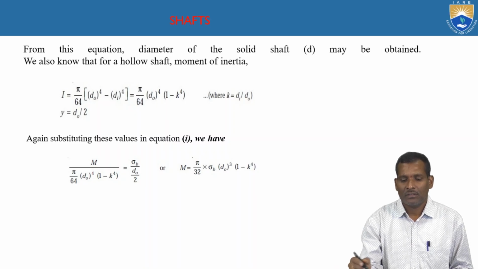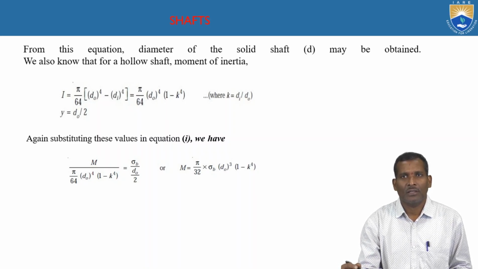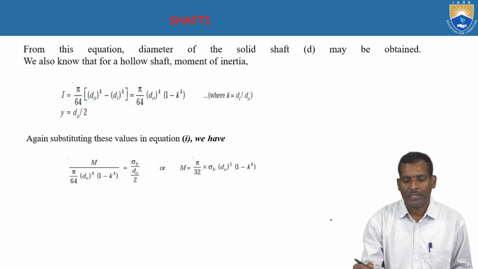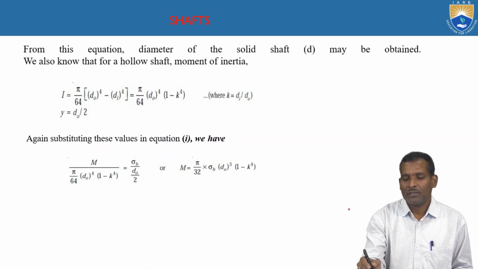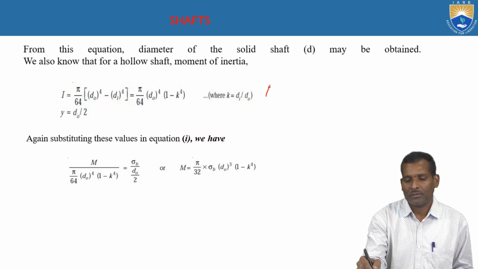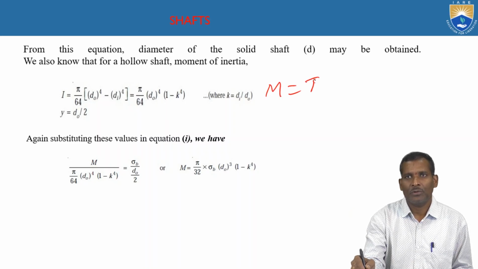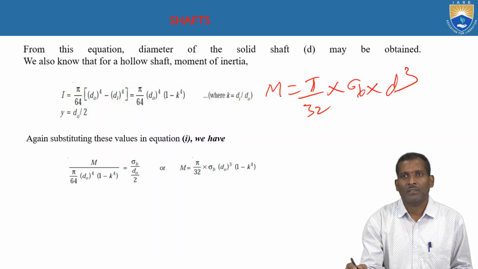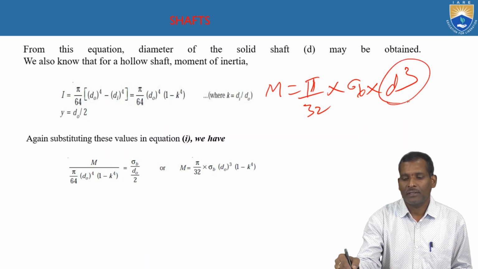For a hollow shaft, you know the moment of inertia and the y value; substituting again in the previous equation, we will get one more equation. Using the previous equation, M is equal to pi by 32 into sigma b into d cube. Substituting all values, we will get d.